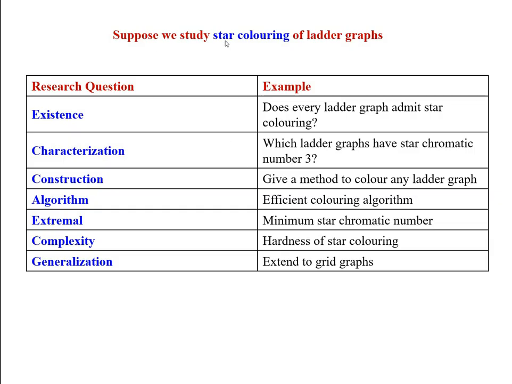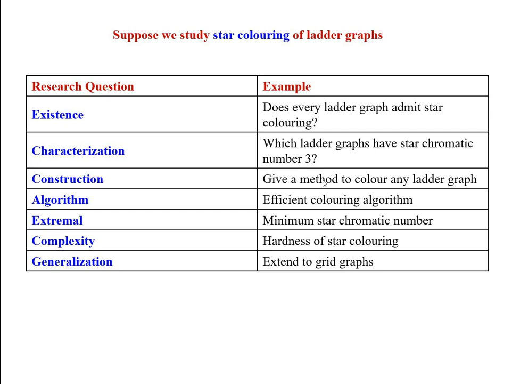Suppose we study star coloring of ladder graphs. Then again, as said earlier, the research questions would be: does every ladder graph admit star coloring, and characterization, which ladder graphs have star chromatic number 3. That is a particular question that should arise, whether it is possible or not.